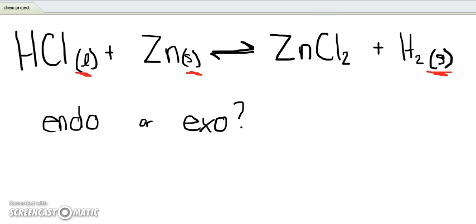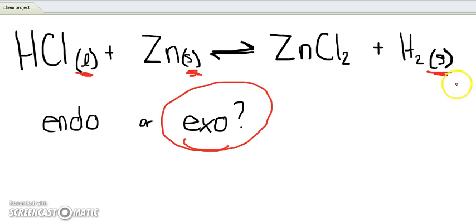You should find that this reaction is going to be exothermic because we broke up the liquid, the solid, and it produced a gas.